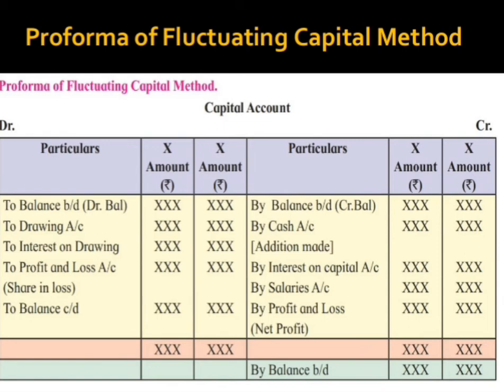Then by interest on capital account, by salaries account, by profit and loss account. Observe entry by entry. Then to drawings account, interest on drawings account, to profit and loss account, share in loss, and to balance carried down.